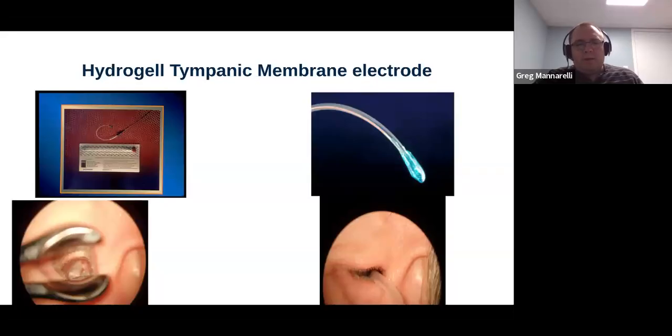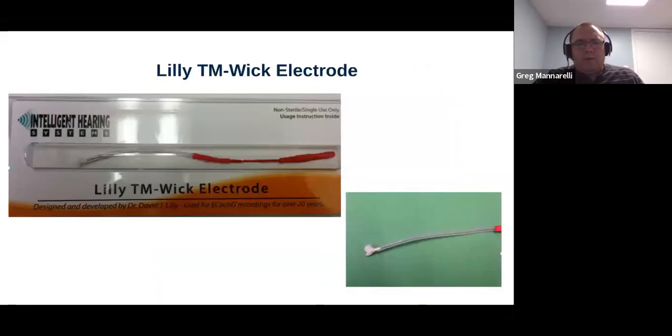There's a couple different ones that are commercially available. This is the hydrogel. This is an electrode that's coated in a little blue gel that's placed down on the tympanic membrane. The other electrode that we use is called the Lillywick. This is an electrode that's got a little cotton ball, which you dip in either saline or a little conducting gel and place it directly on the tympanic membrane.